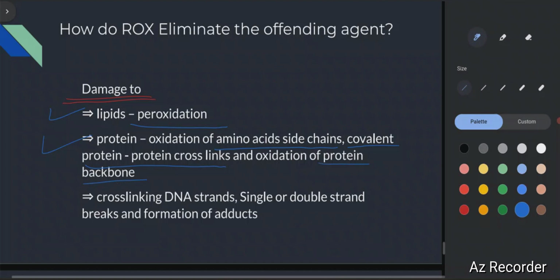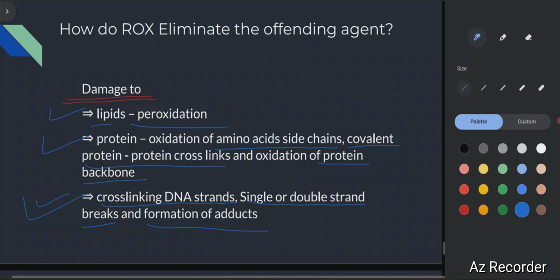So you are actually denaturing the protein, and when you denature the protein, the cell is not able to live anymore, okay? And then there is cross linkage of DNA strands. There are single or double strand breaks. So you are actually also destroying the genetic material of an antigen, right?